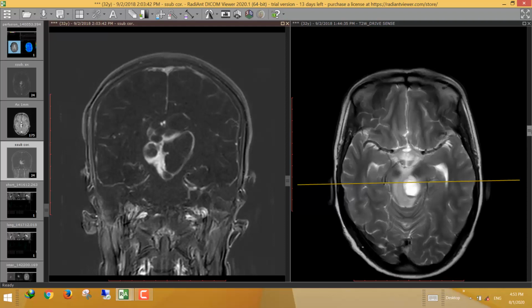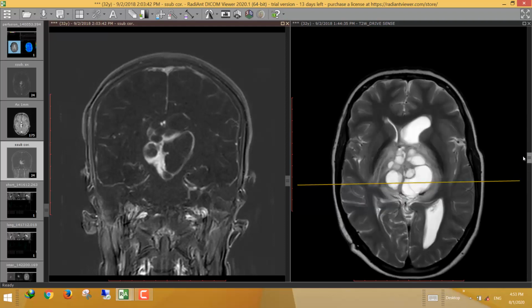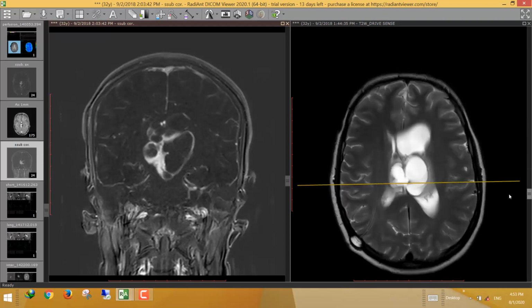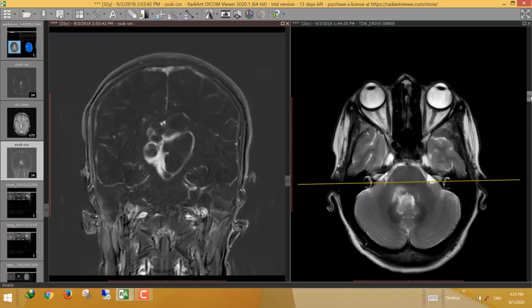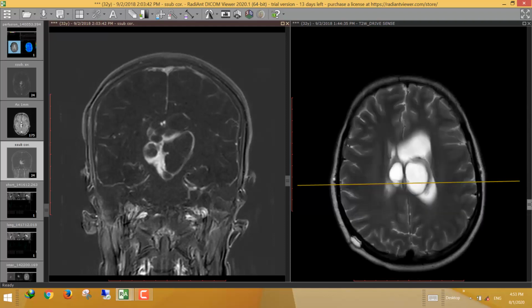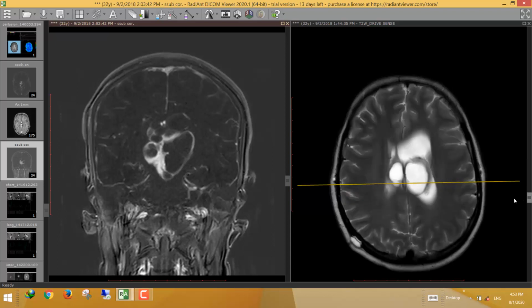This is apparently not subependymoma, as subependymoma is usually non-enhancing and usually smaller in size, and it can occur in the lateral ventricle but typically occurs at the inferior aspect of the fourth ventricle. So it is clearly not subependymoma, and this leaves central neurocytoma on top of the differential diagnosis.